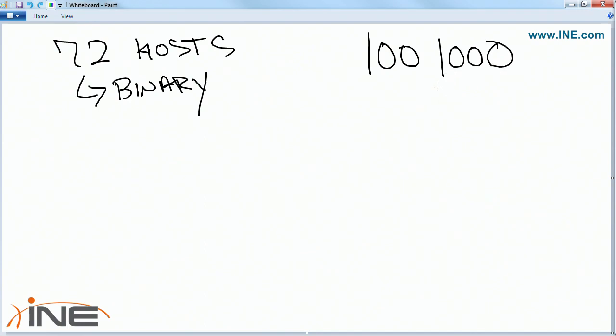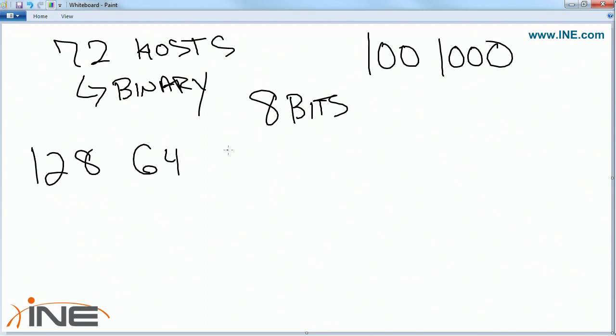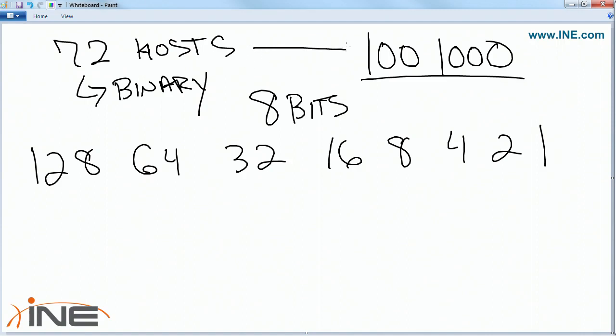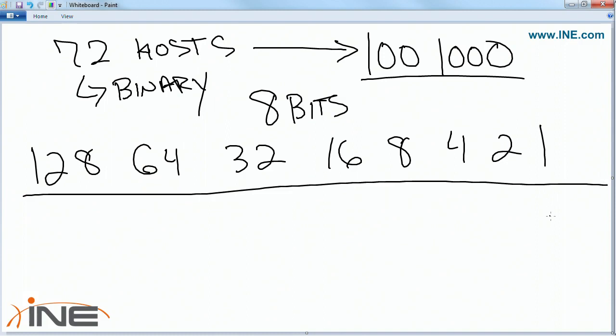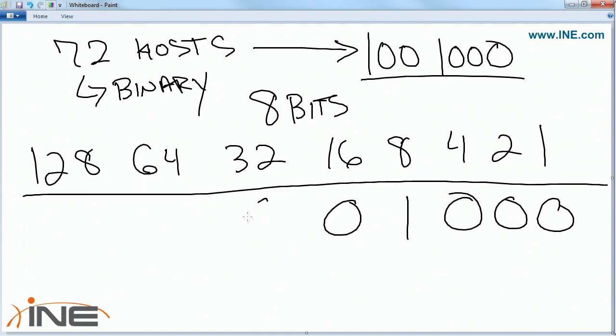the last octet is going to have 8 possible bit values, where they are 128, 64, 32, 16, 8, 4, 2, and 1. So when we look at this value, which is 72 possible hosts, in binary here, this is 01001000.